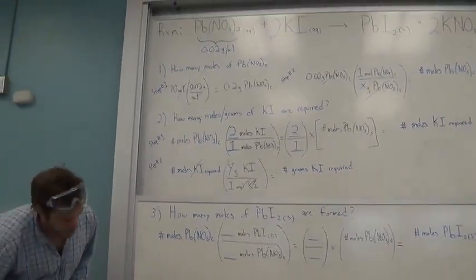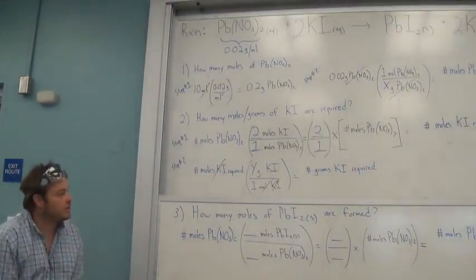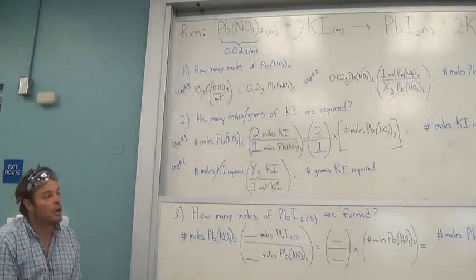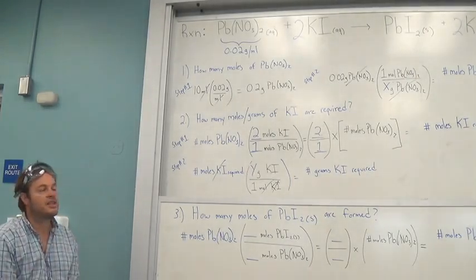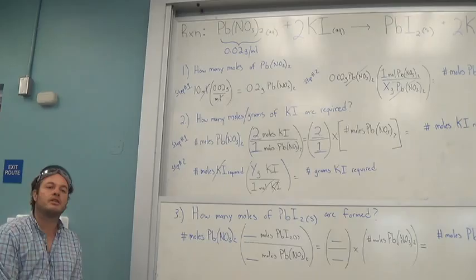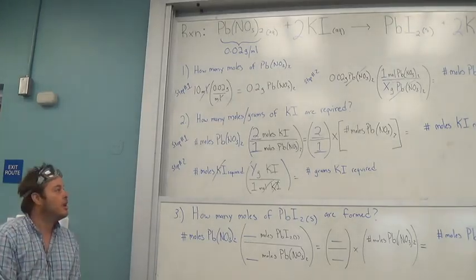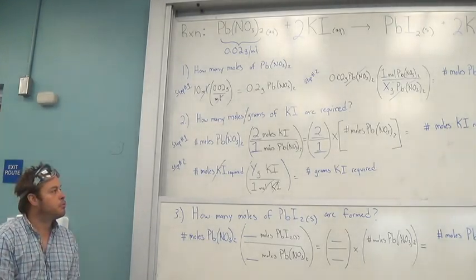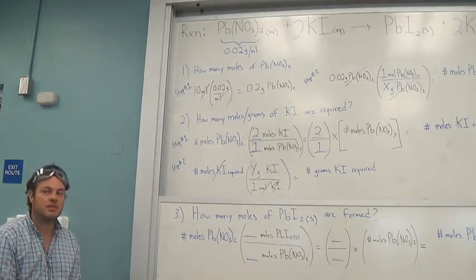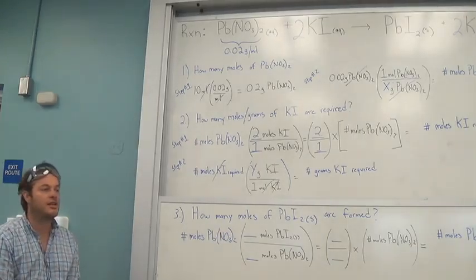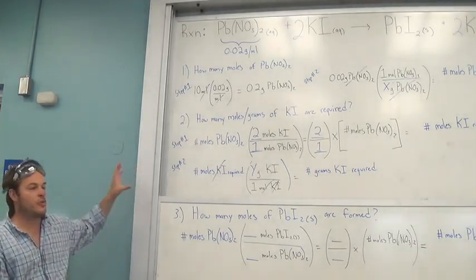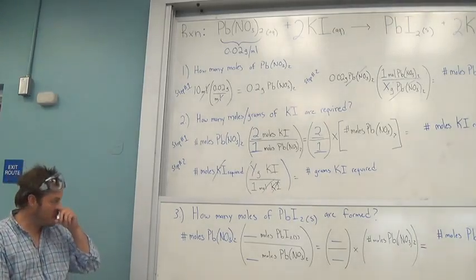Now, there's one more calculation that we've got to do, and that calculation predicts for us how much product we're going to form. Pretty easy calculation to think about in this reaction because we have exactly enough of each of the reactants to interact with each other.